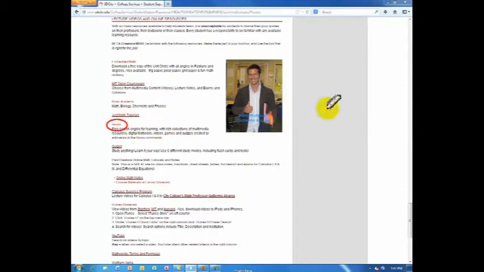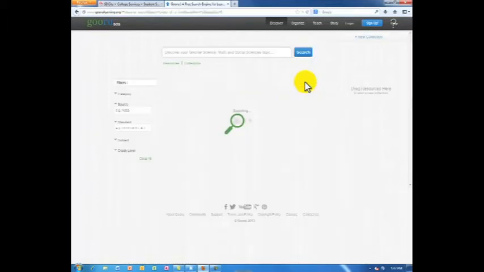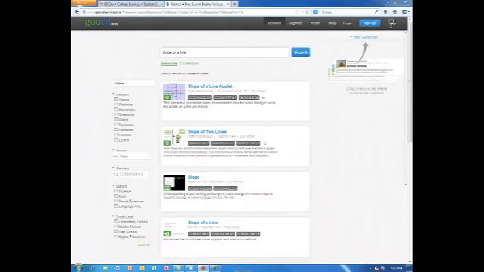Guru is also a very powerful resource. It is a search engine for learning academic topics. Simply enter a topic and select the type of information that matches your learning needs.